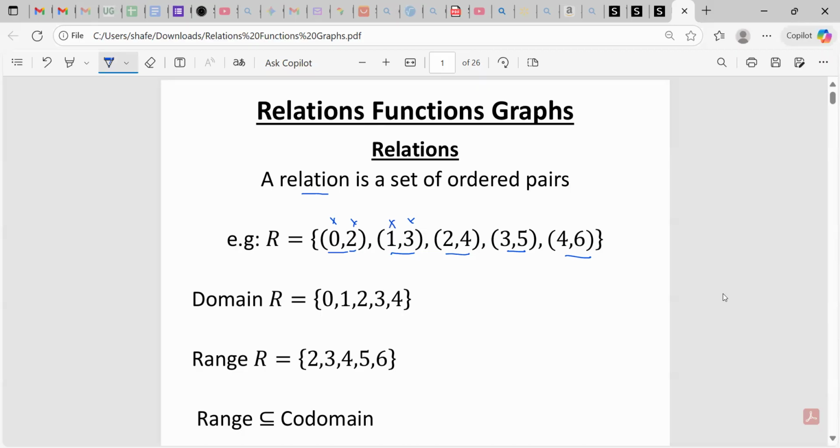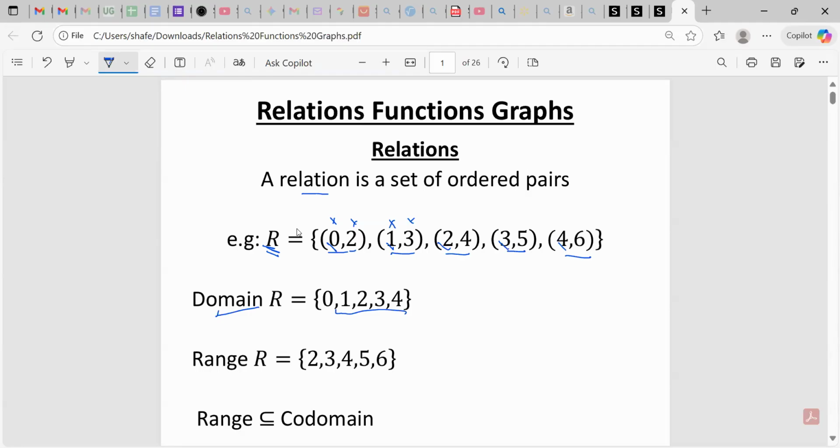But there's a name we give to all these first numbers if you were to put them in one set. We call it the domain, right? So this relation, we call it R. It doesn't have to be R, it can be all kinds of letters, right? A set you usually denote by a capital letter.